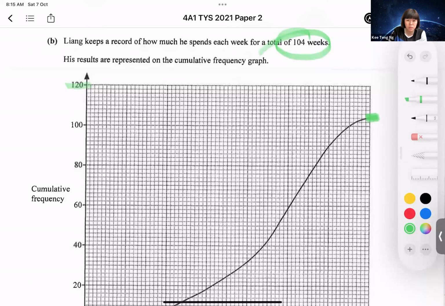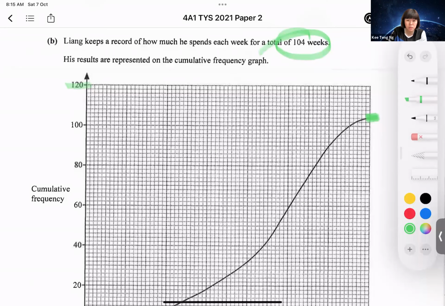So you cannot assume and take the number to be the one on the axis. Please read this number over here. The maximum is 104. The curve stops at 104. So the maximum total is 104, not 120.